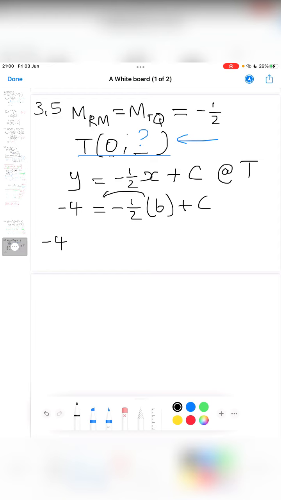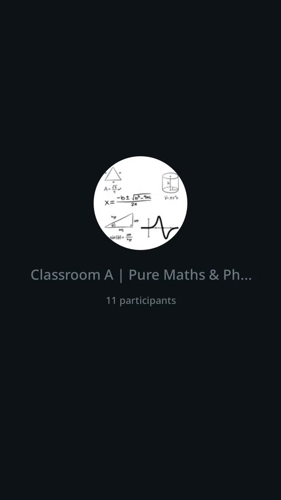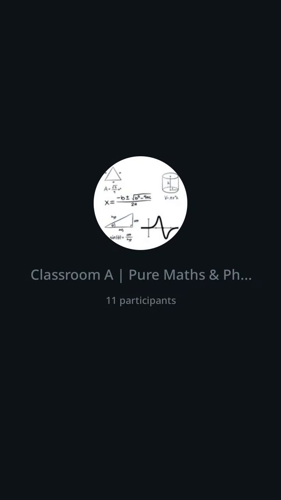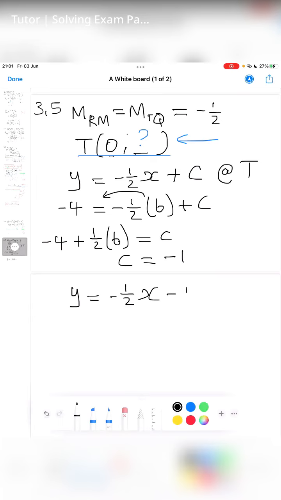You can still transpose it as half of 6, because you just change the sign and then this is equal to c. So c is actually equal to what? Is it not -1? I think it's -1, guys. So the straight line equation is actually y = -1/2 x - 1. What is this, guys?